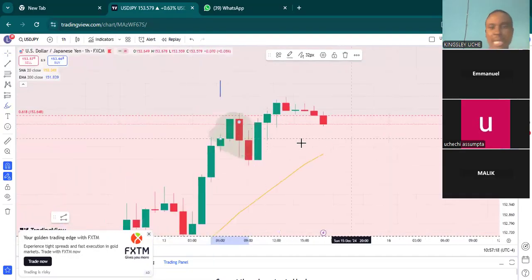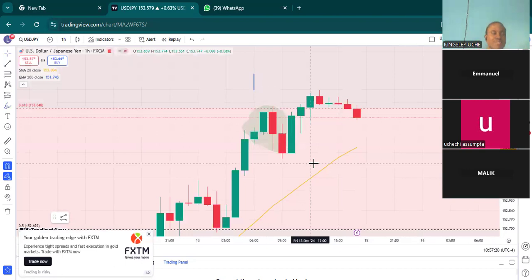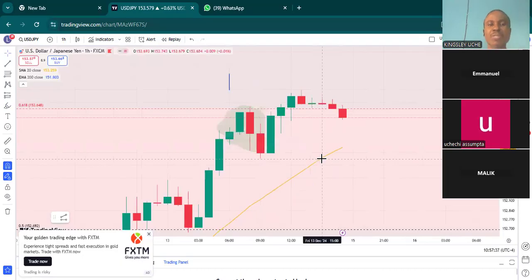Now, something again we need to understand about the candlestick formation.